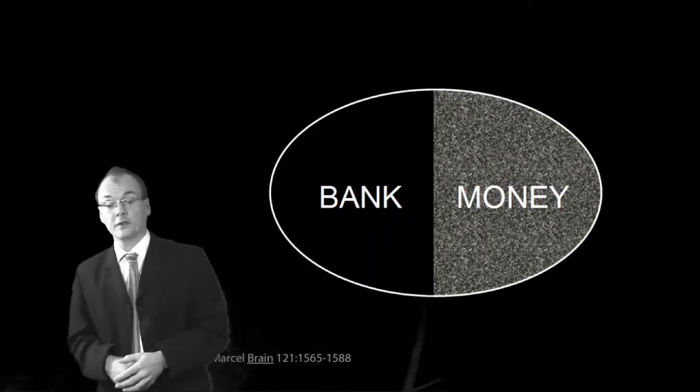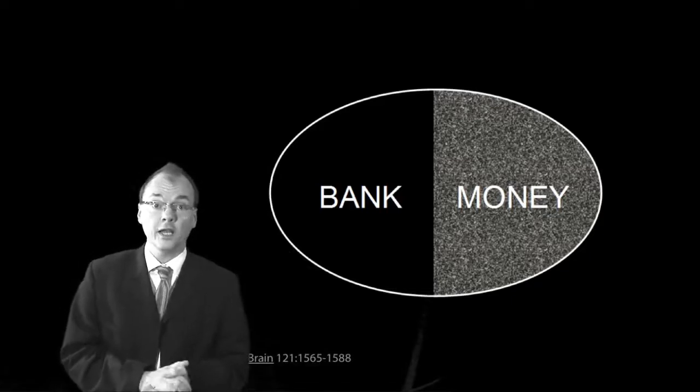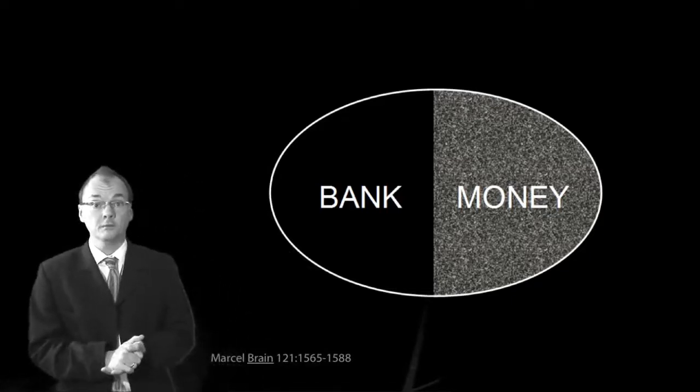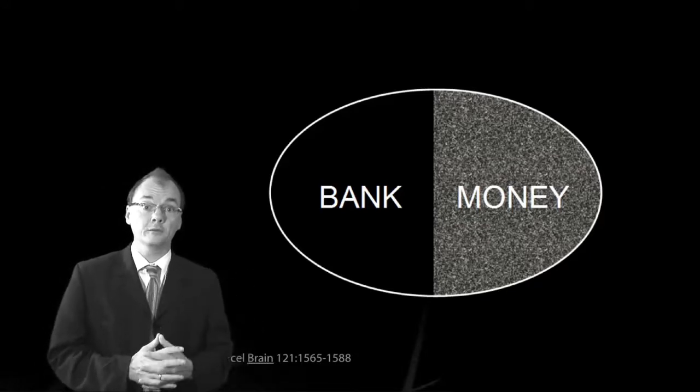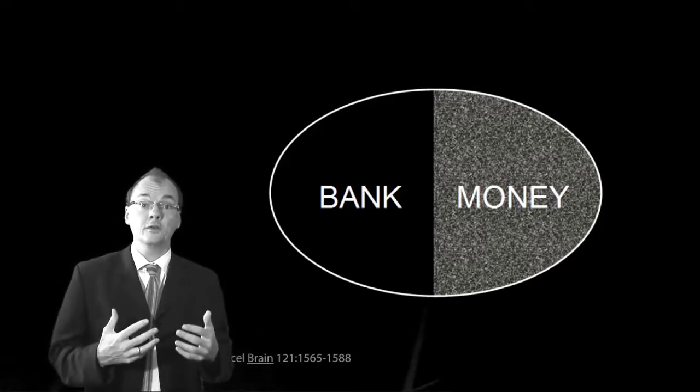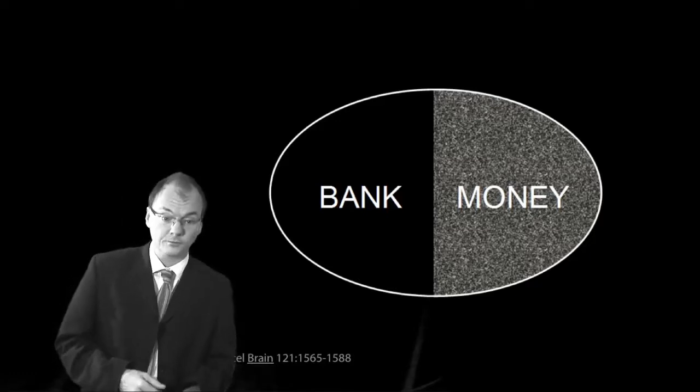Now, subjects told Marcel, gosh, I can't see any other word, I can just see bank. However, those subjects also, when asked to define bank, told Marcel about the financial institution.